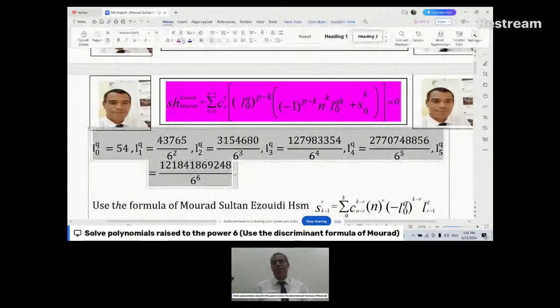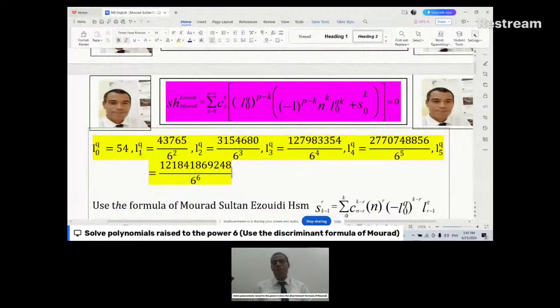I will give you time to think, learners. So this is the coefficient of my original polynomial to the power 6. This is L0 of D_Q, which is 54.